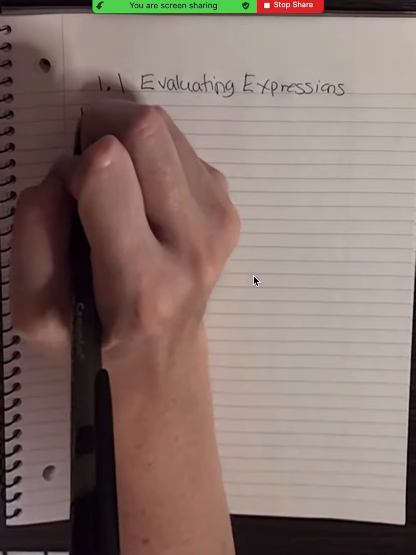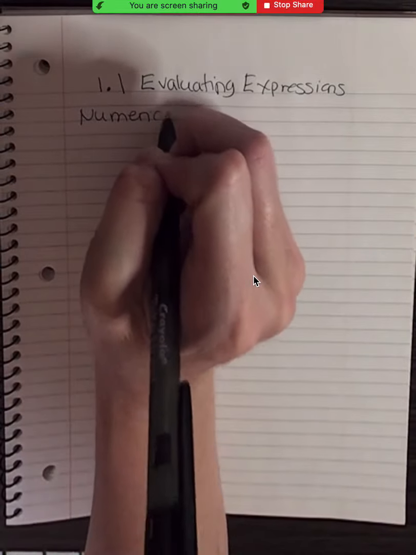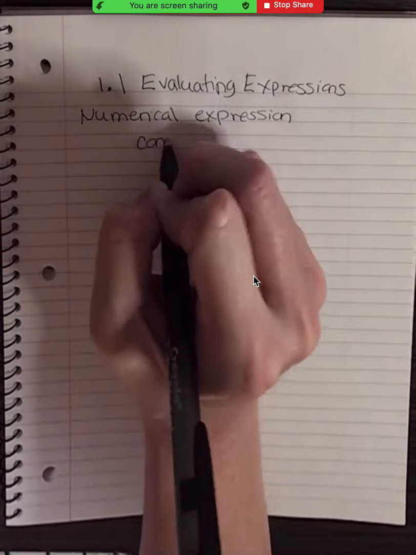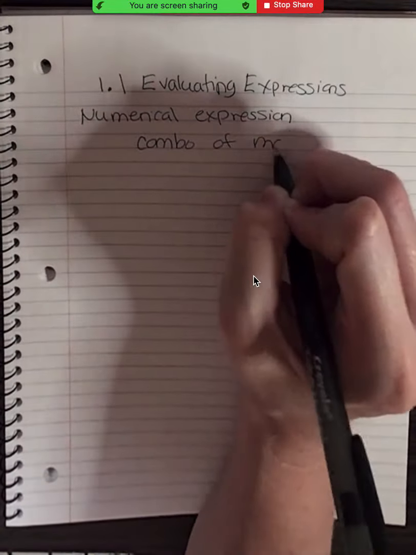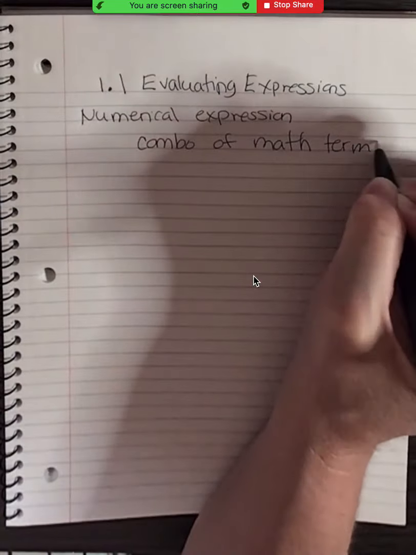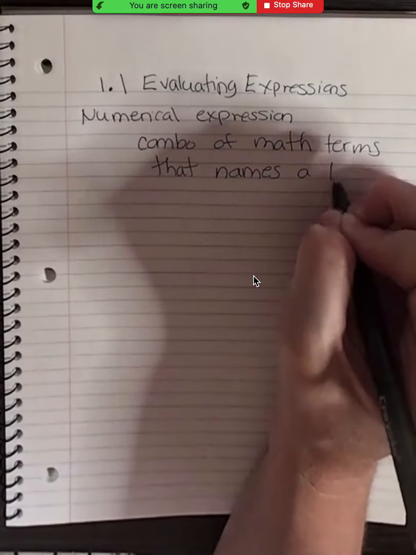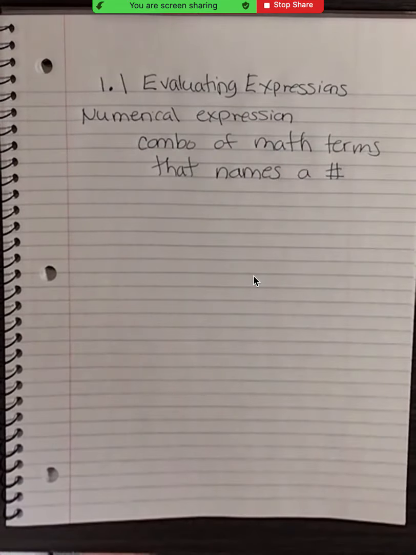Okay, so the first thing is, what is a numerical expression? In math, a numerical expression is a combination of mathematical terms that names a number. Okay, so examples, right?